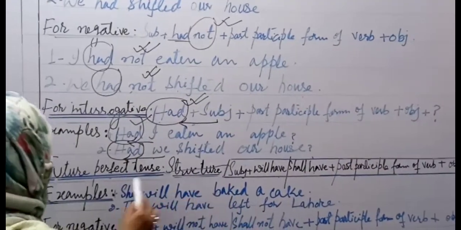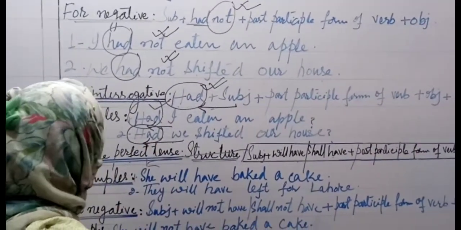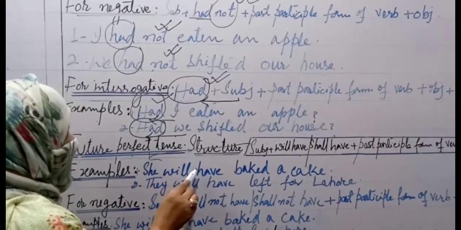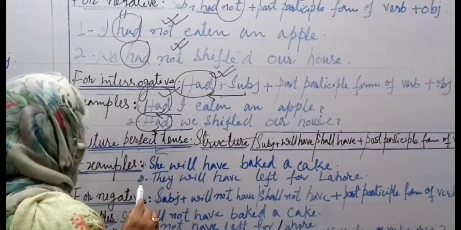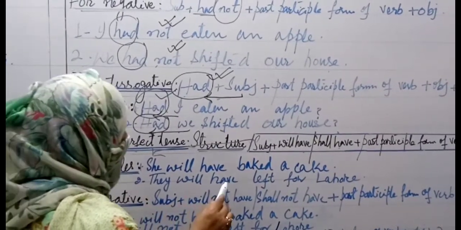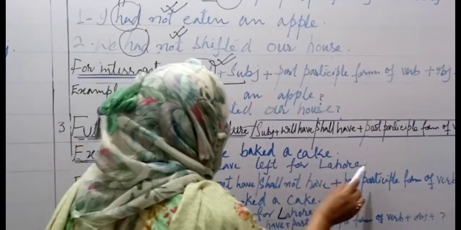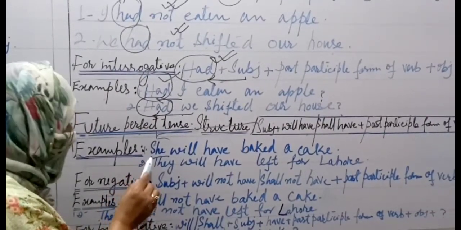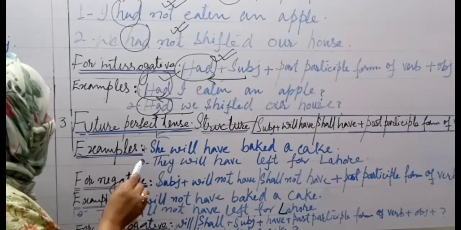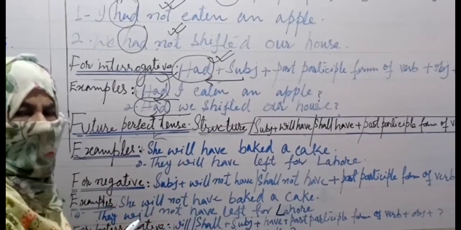According to this structure, look at the examples. She will have baked a cake. Second example: They will have left for Lahore. These two sentences describe actions that will be completed in the future.